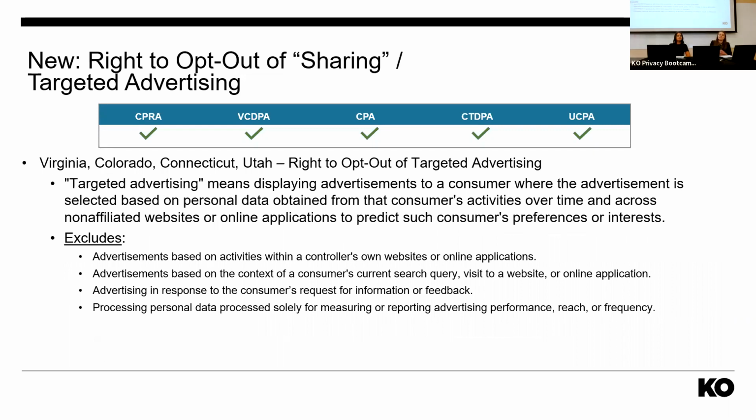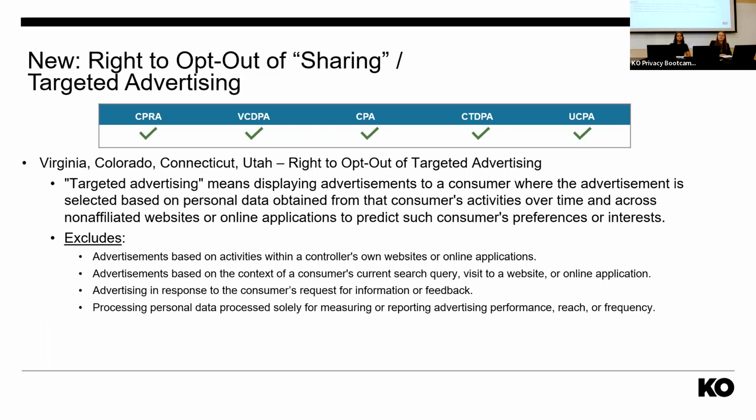And then very similar to the sharing opt-out under California's law is the right to opt out of targeted advertising in the other states highlighted up here. And I think it's interesting, the exclusions are going to be a little bit different under these laws. I didn't lay out every single state, but the exclusions here are kind of an amalgamation of most of them. They're pretty similar across the board.